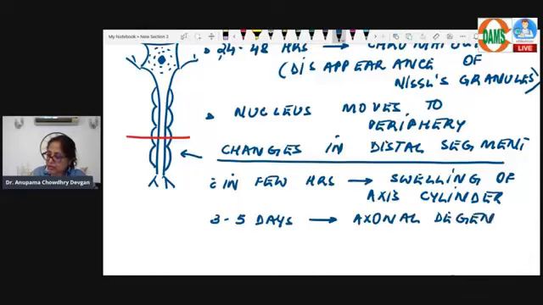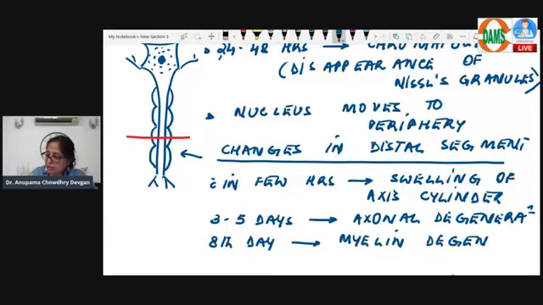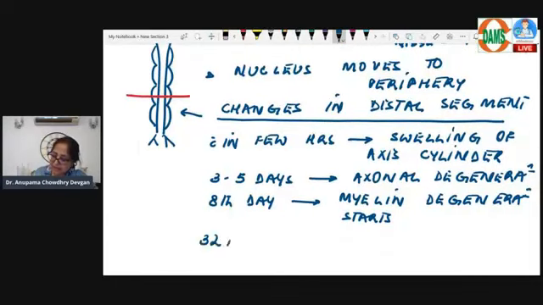On the 8th day, after the first week is complete, the myelin degeneration starts, and by the 32nd day, myelin degeneration is complete.